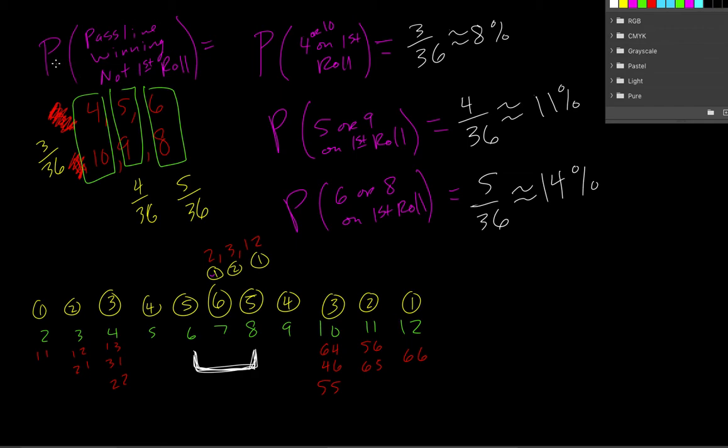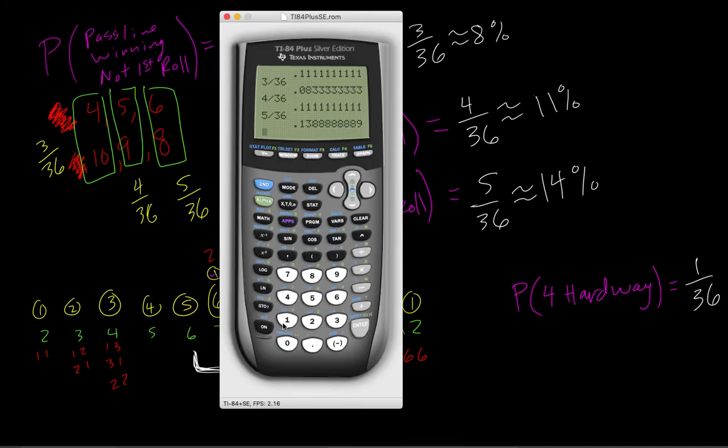Now, another one, I'm not going to go through all of them, but you may have a probability of 4 hard way, or hard 4. I can't remember exactly how I worded it, but all that means is you have to get doubles, and so for any hard way, there's only one way to roll it. So it's going to be a 1 out of 36 chance, which as a percentage is about 3%.